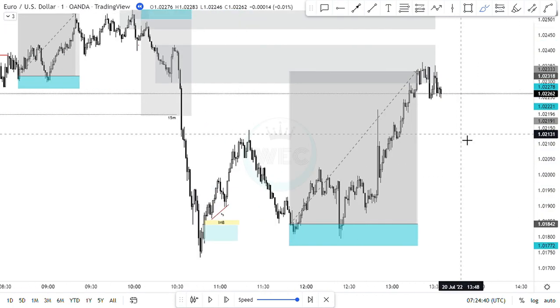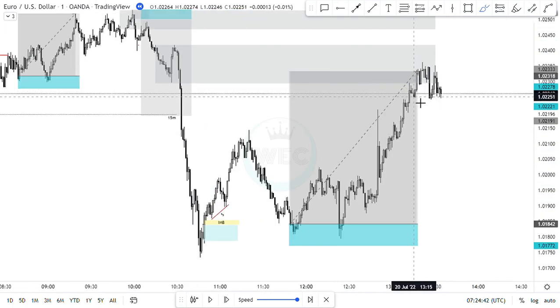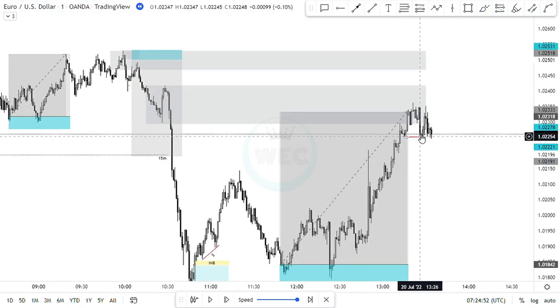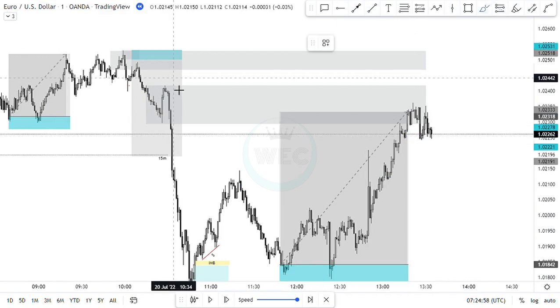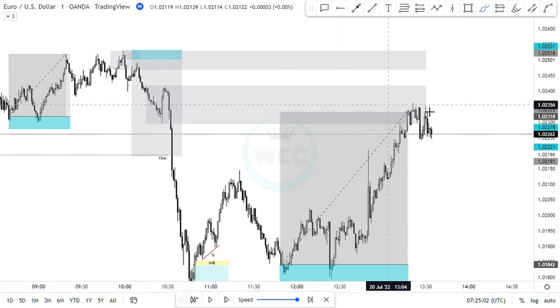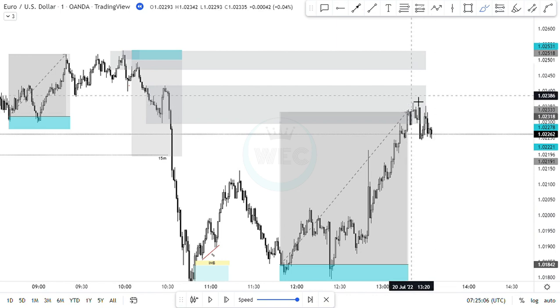And looking at this as our confirmation, I can boldly say that there has not been any inducement. Another reason was the fact that, if you look in here, there was imbalance, a very big imbalance in here. Okay, and price has just tapped into this one time, and this is the open of New York. Expect an inducement before you look for the sells.